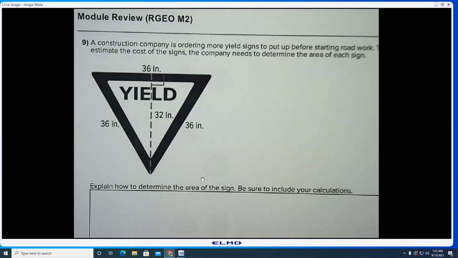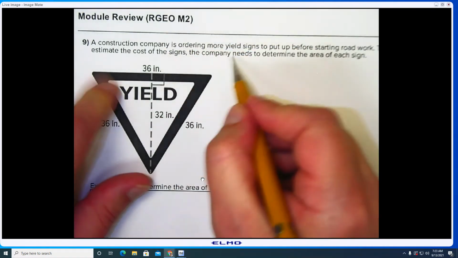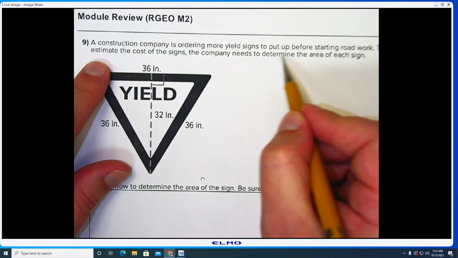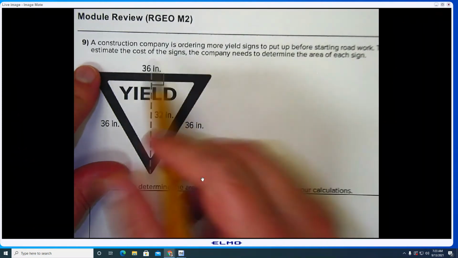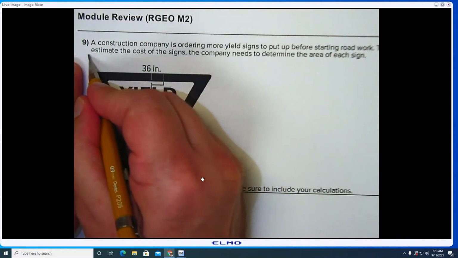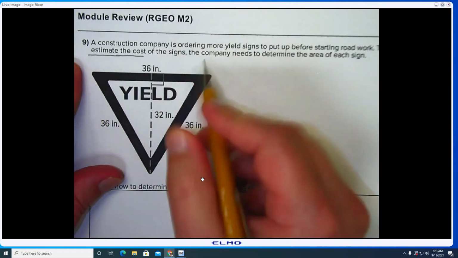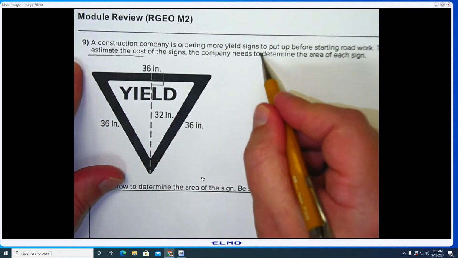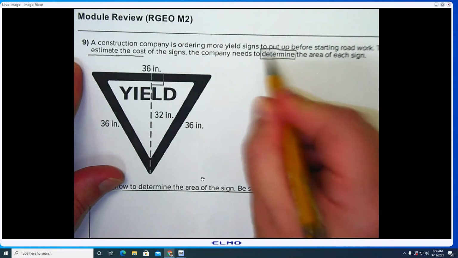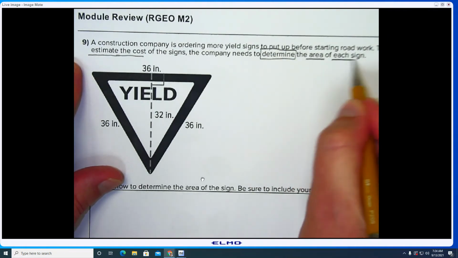A construction company is ordering, let's go ahead and mark it as we go. It's ordering more yield signs to put up. Before starting to estimate the cost of the signs, the company needs to determine the area of each sign.